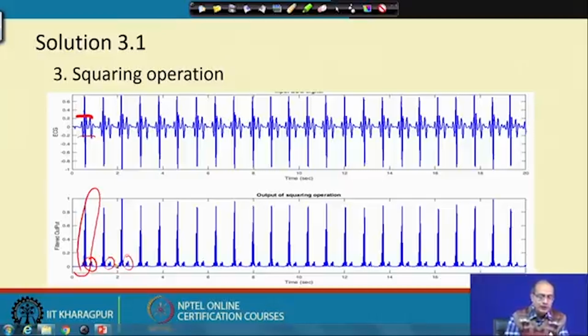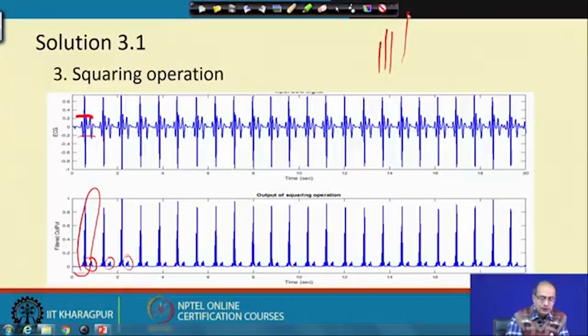Now, once we do the squaring, one more thing has happened, both the negative and the positive peaks have become positive. If we look carefully, and if we could stretch the signal a single cycle at a time, we could see that the output looks like multiple peaks.